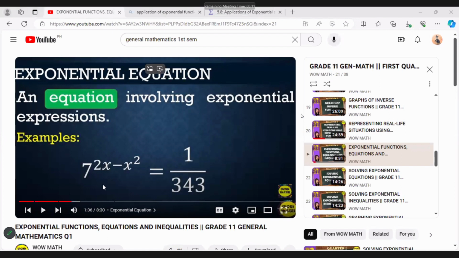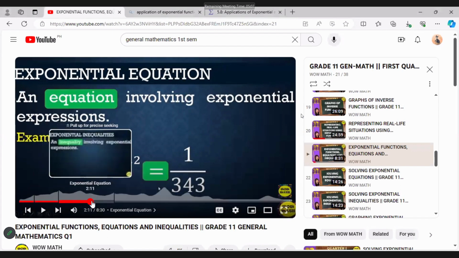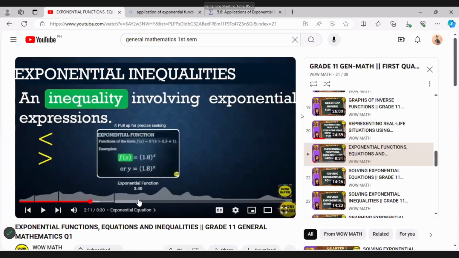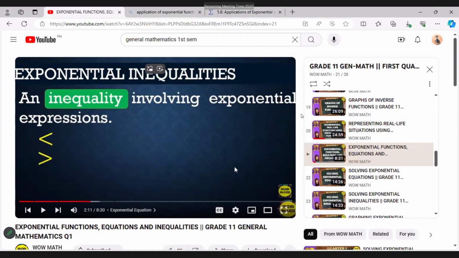That's an exponential equation. A function is in the form f of x. An inequality uses inequality symbols: greater than, less than, greater than or equal to.